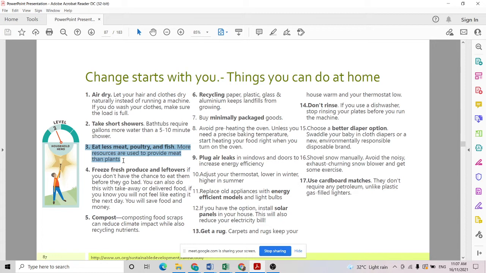And then freeze fresh produce and leftovers. Currently the most popular is the sea bass, siakap. The wild siakap is much higher in price compared to the farm siakap. So for sustainability, it's better to go for farm siakap.